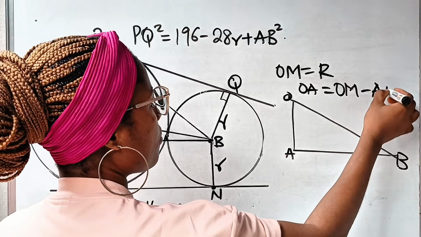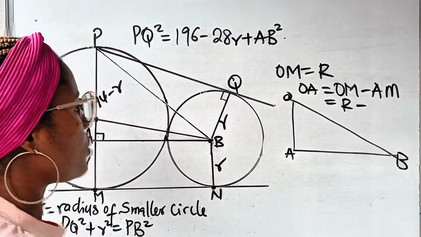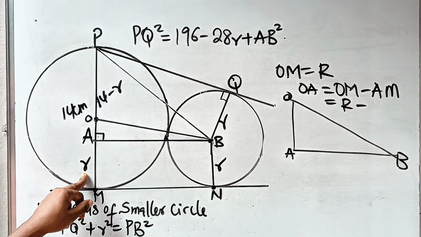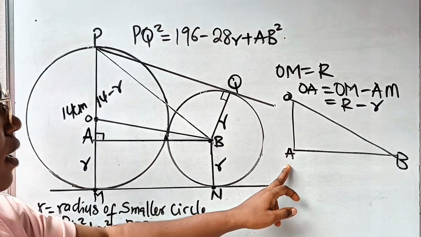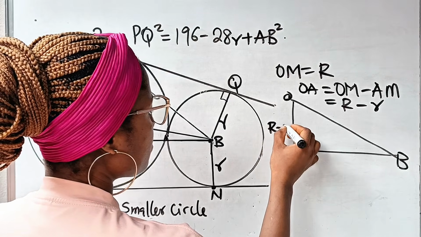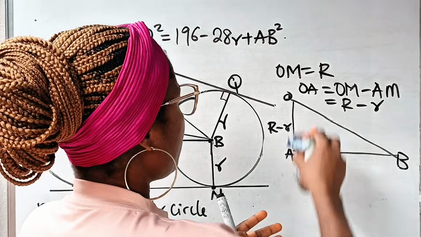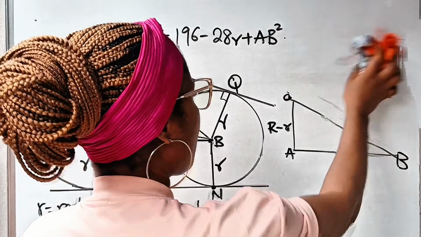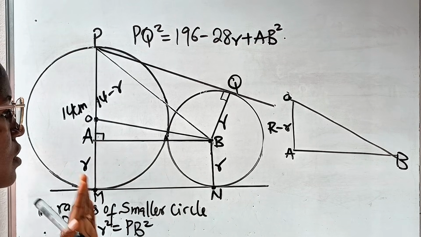OM is the capital R, the big radius, and AM is the smaller radius. So OA is capital R minus small r. For the other side, AB is AB. There's nothing we can do about it for now.